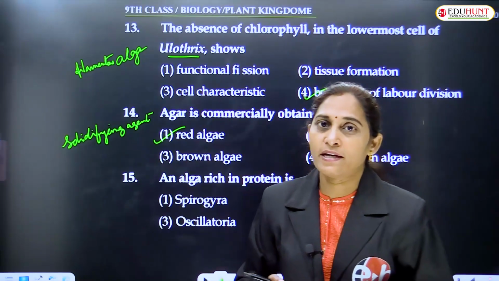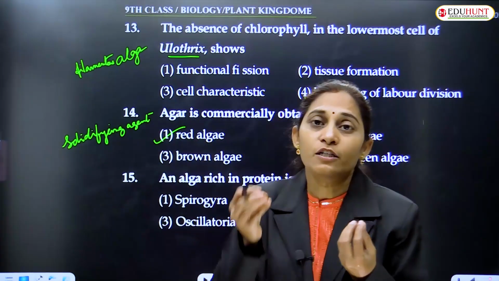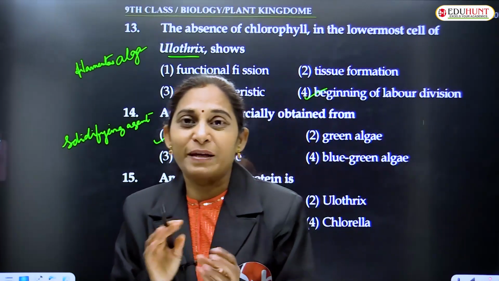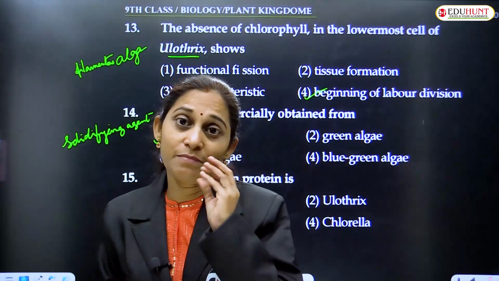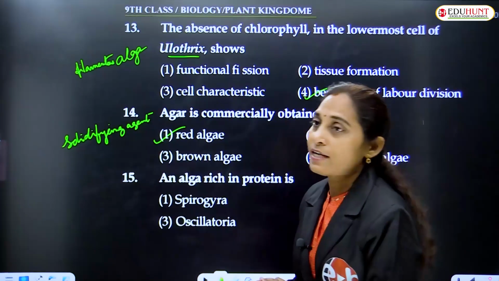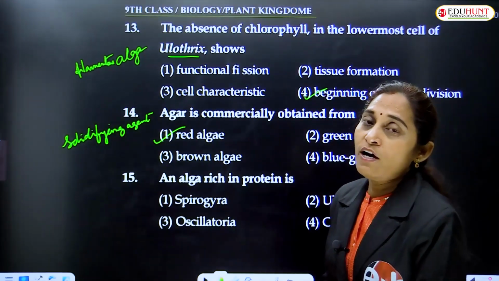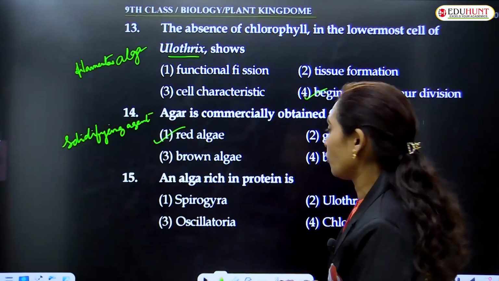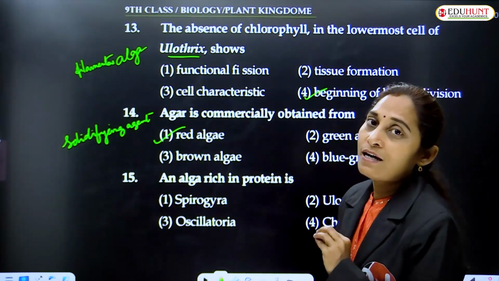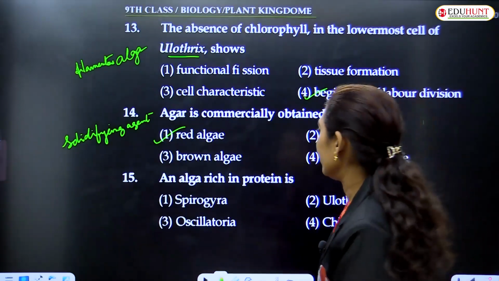What is a solidifying agent? If we add this agar powder to a liquid, it becomes semi-solid or solid. That is why it is called a solidifying agent. Agar is used in the preparation of nutrient material to make a solid nutrient medium.